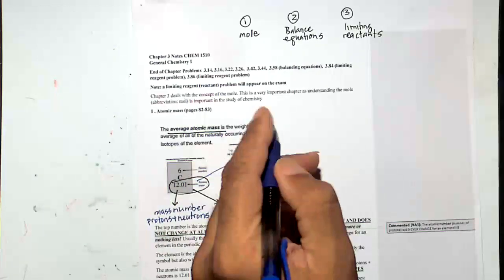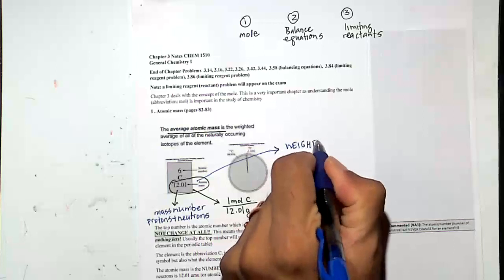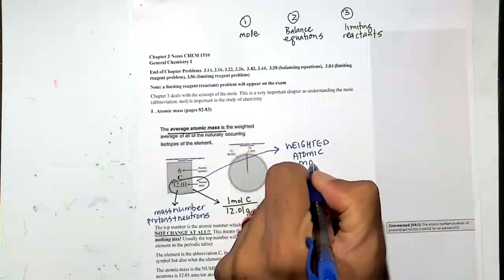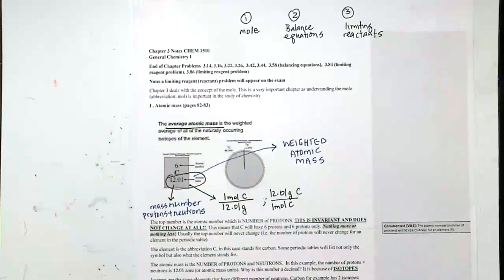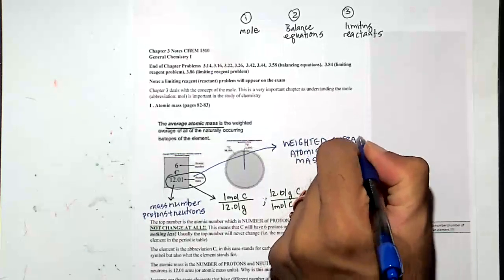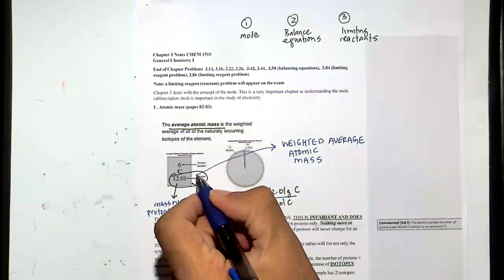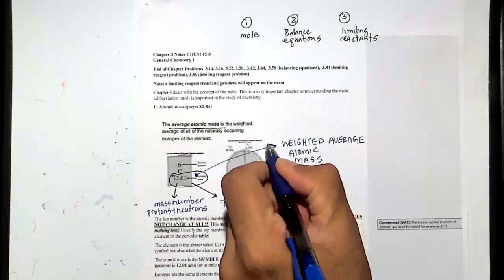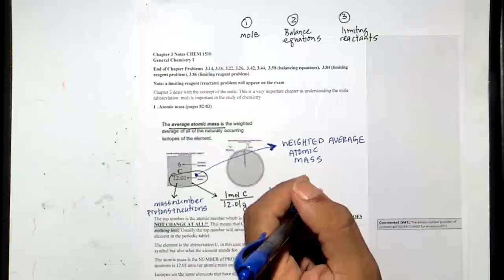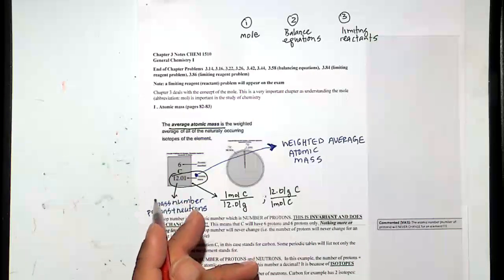And then finally, this is also a weighted average, a weighted atomic mass. It's a weighted average. So this means it's not 12, but 12.01.